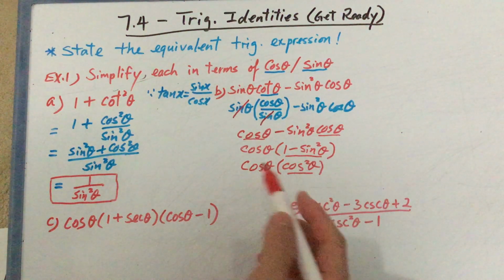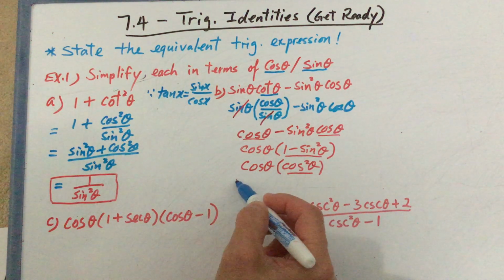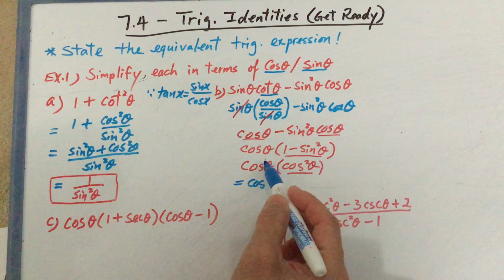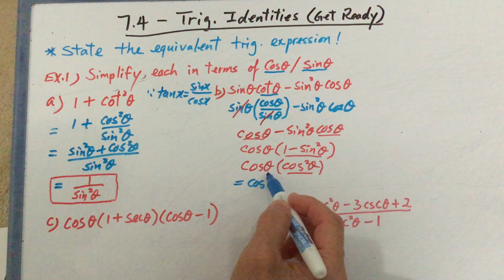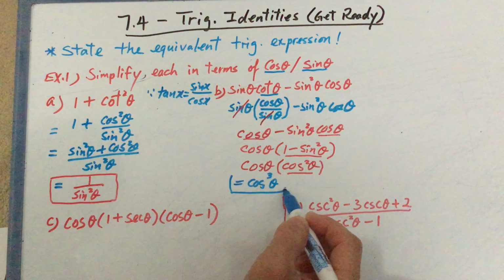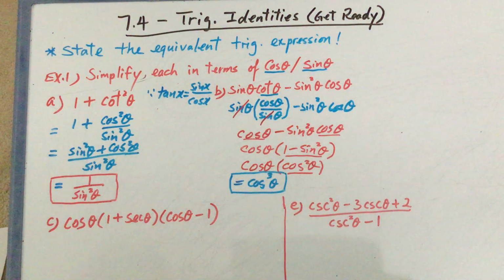So finally, when you multiply everything, when you multiply cos theta with cos squared theta, you get cos cubed theta. So this will be the answer for part B.